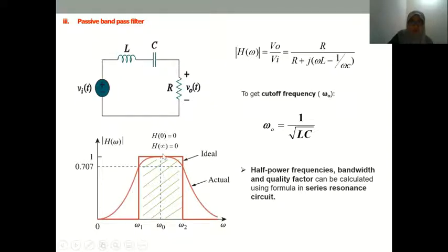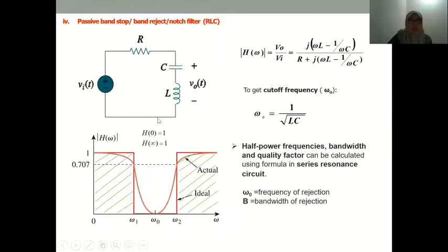And we know that the band pass allows the frequencies in between your cutoff frequencies, omega 1 and omega 2. The halfway frequency, bandwidth, and quality factor can be calculated using the formulas in series resonance, because they are in series resonance for the band pass filter.